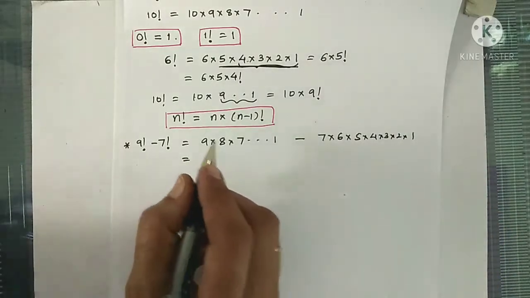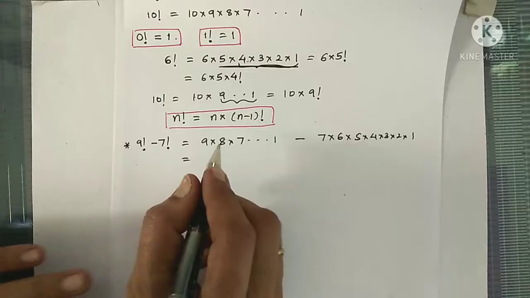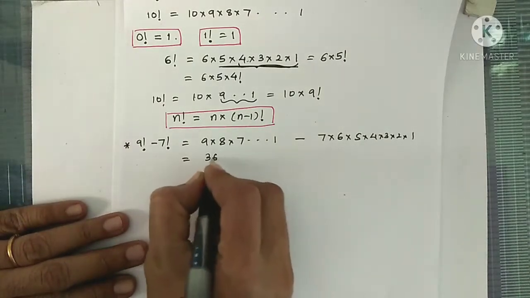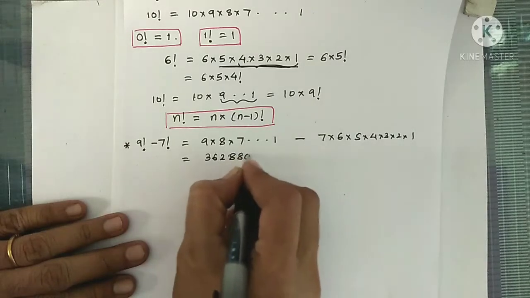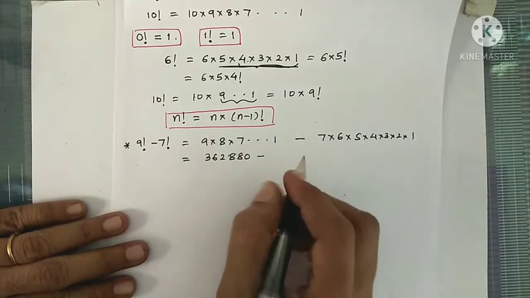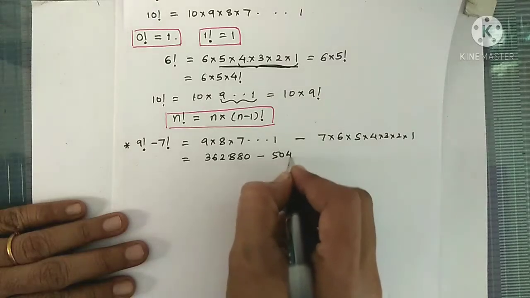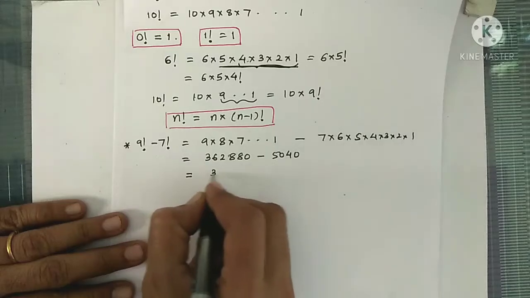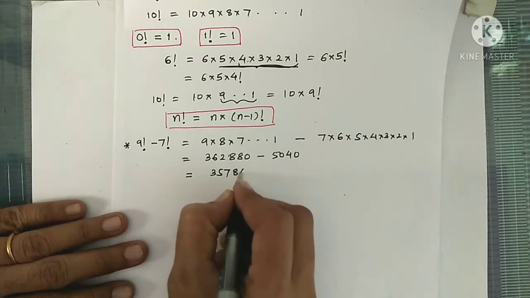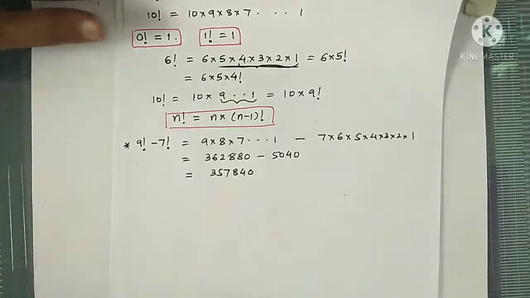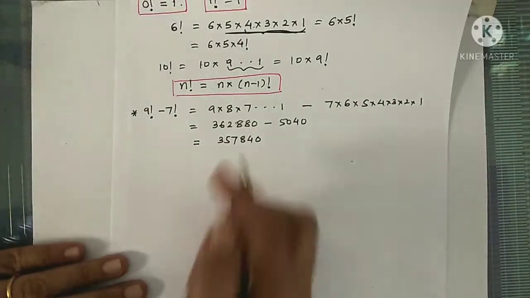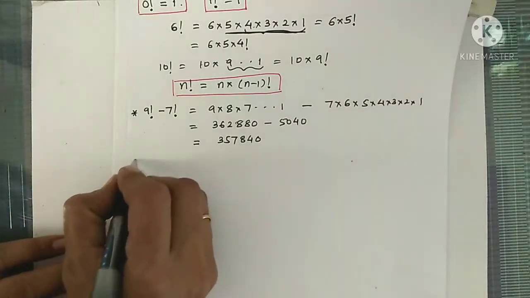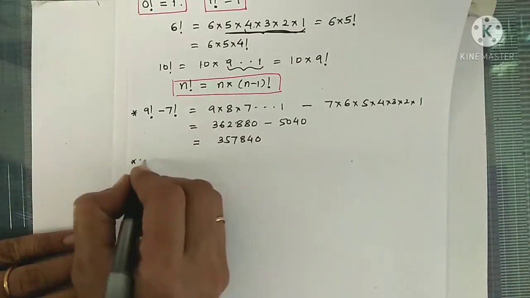So the value of 9 factorial, I have already calculated it, and it is 362880, a big number. Minus this 7 factorial, which is 5040, and this difference is 357840. You can check it. Just find the product from 9 up to 1, find the product from 7 up to 1, and find the difference using the meaning of factorial notation.